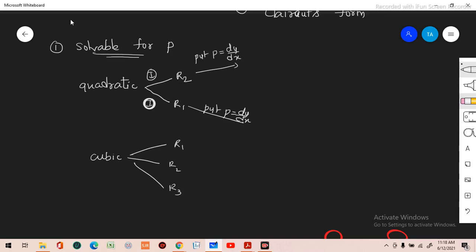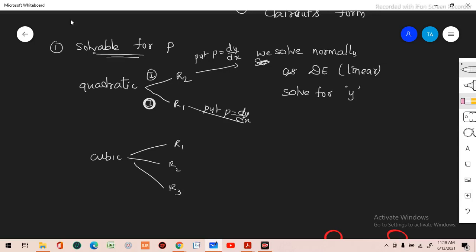Are you getting? After substituting the value of p, we solve it normally as a differential equation, the way we solved it in the linear case. We will solve for y.